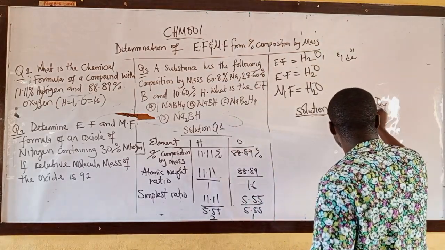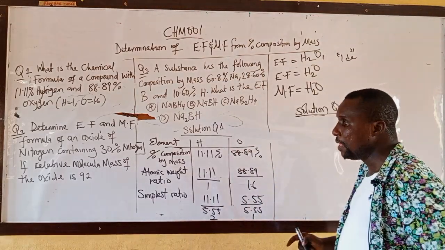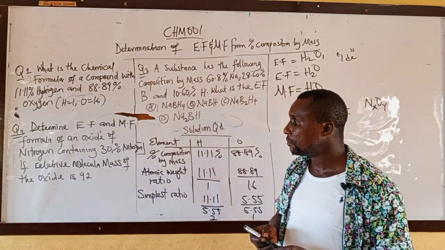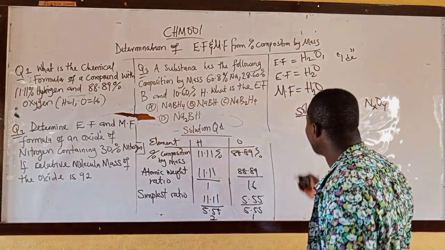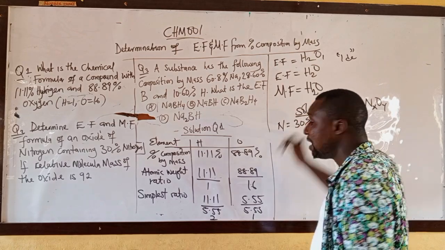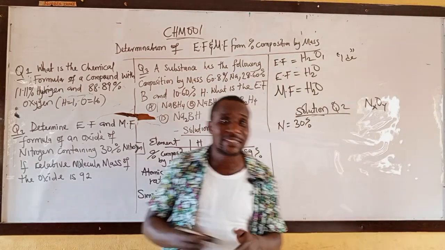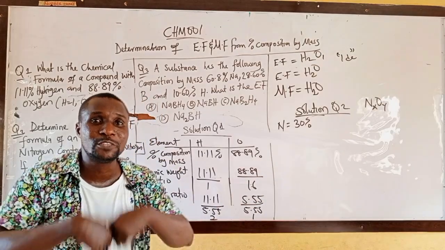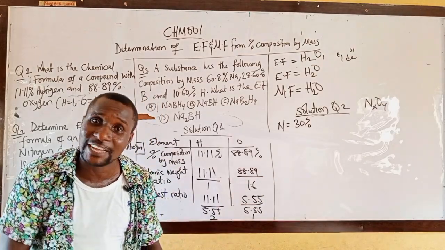They now say nitrogen containing 30%. If nitrogen is 30%, I told you, percentage composition by mass, when you sum it up, must be 100.